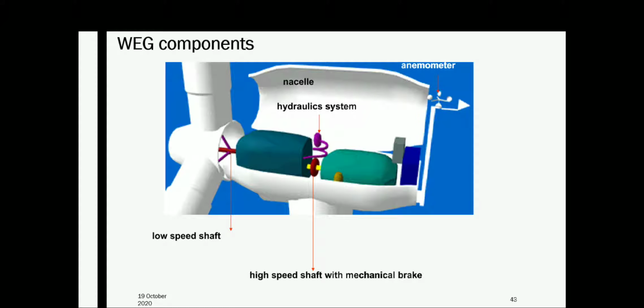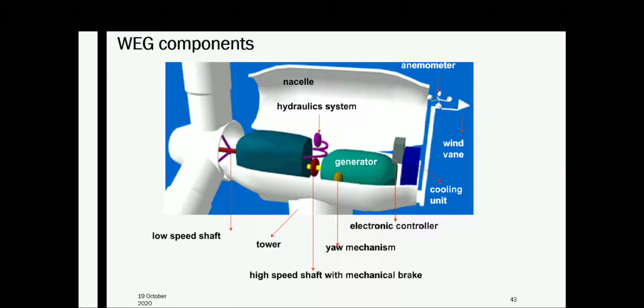Then the anemometer, the wind vane, the cooling unit, the electronic controllers, the yaw mechanism, the tower, and the generators.